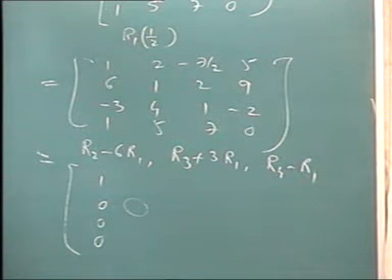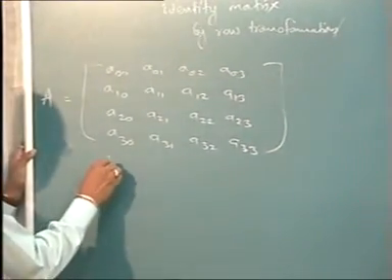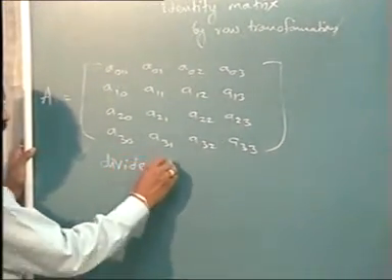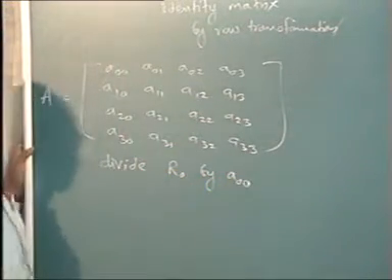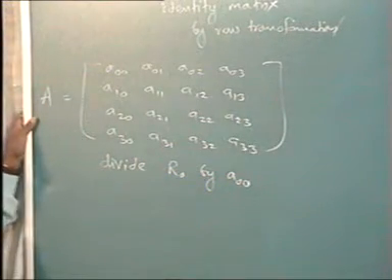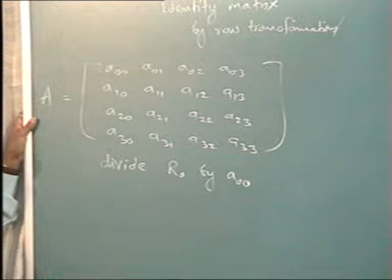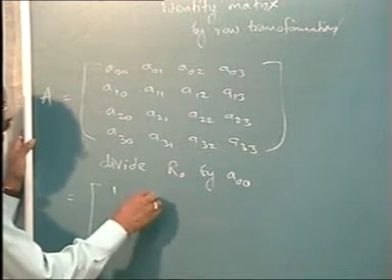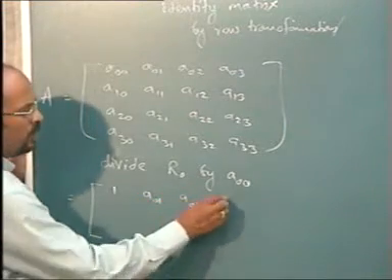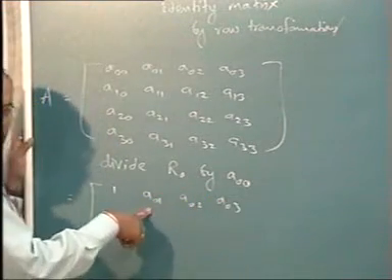So here it will be divide R0 by A00. Okay. After division, I will get it as 1, A01, A02, A03. This is just the notation.